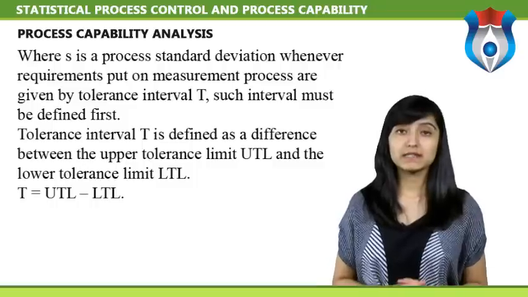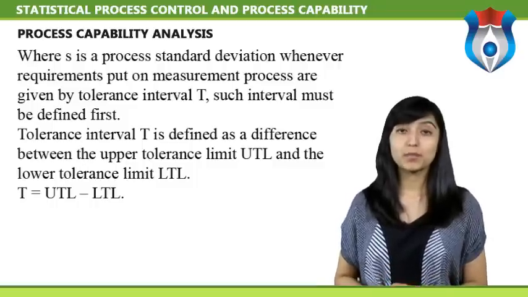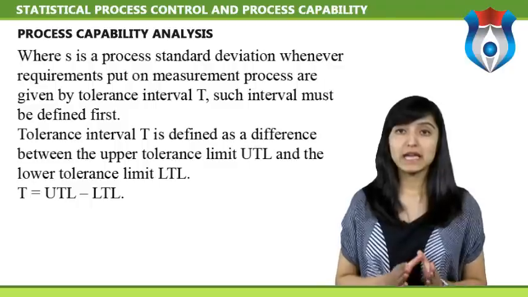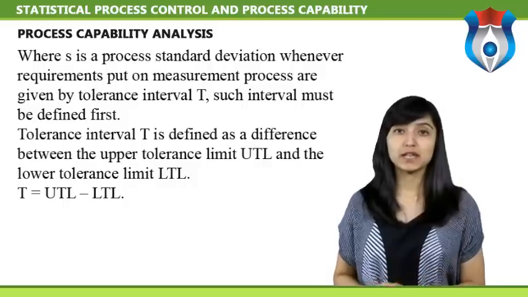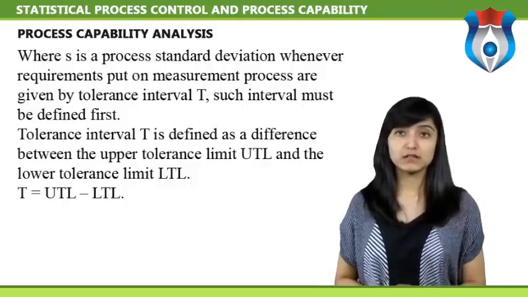Tolerance interval T is defined as the difference between the upper tolerance limit UTL and the lower tolerance limit LTL. That means T is equal to UTL minus LTL.